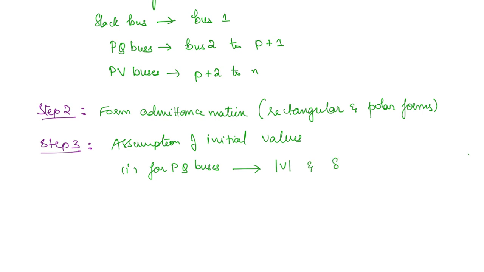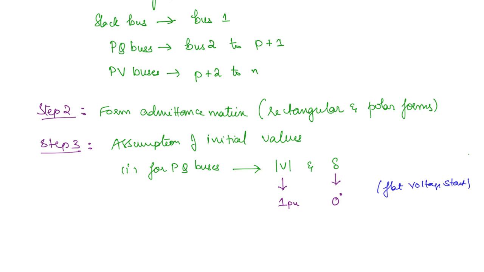The initial value of magnitude is taken to be 1 per unit, and delta is usually taken as 0 degrees. If you assume like this, it is termed a flat voltage start. So this is the usual assumption.